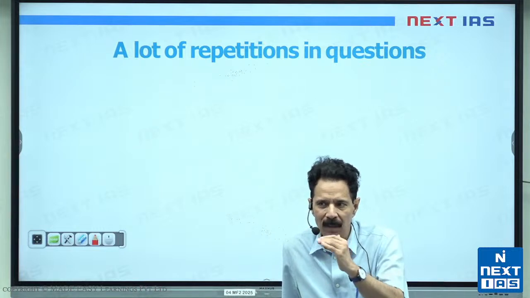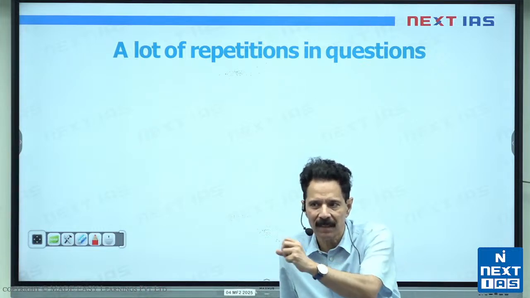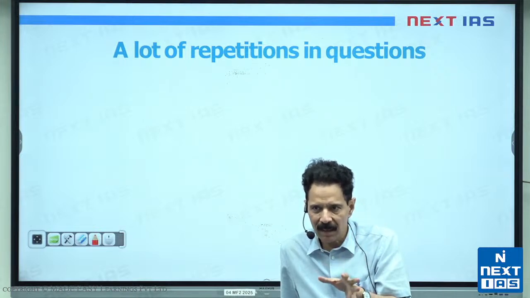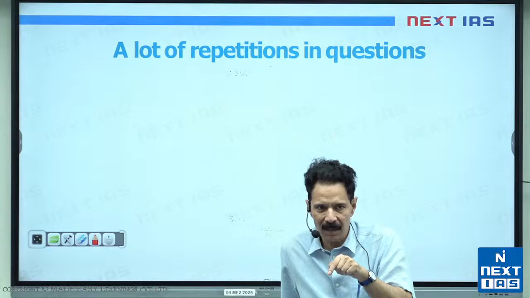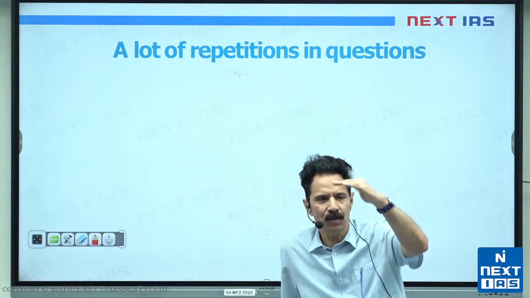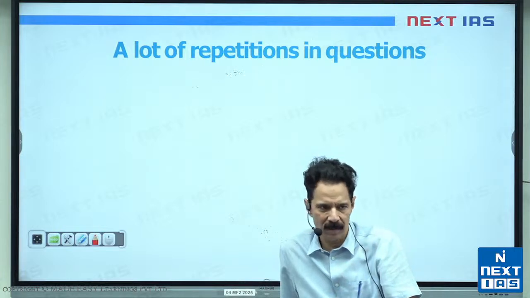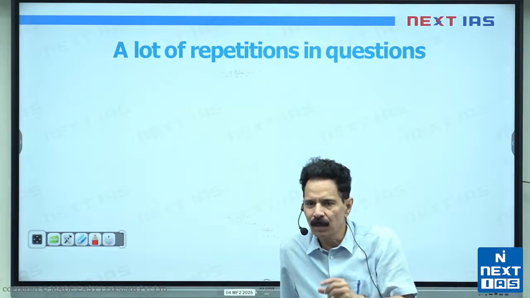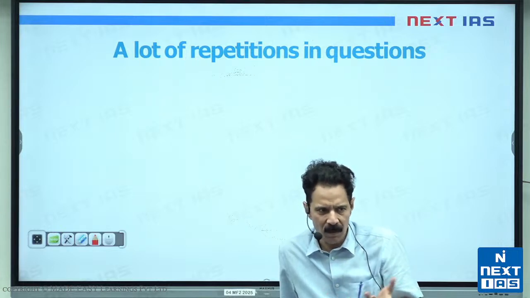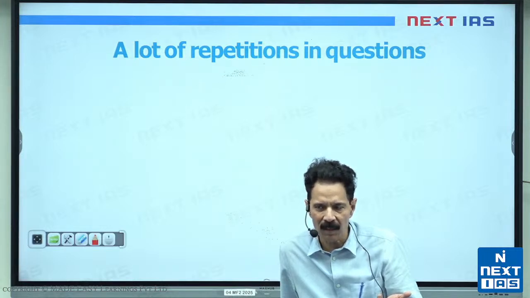As per the demand of this exam, UPSC has defined that the syllabus is this, but the question standard should be this. Question standard should not be 'throw light on the life of Mahatma Gandhi.' No, never. I think you're getting my point. If you study the biography of Mahatma Gandhi, this will never help you in answering the question.